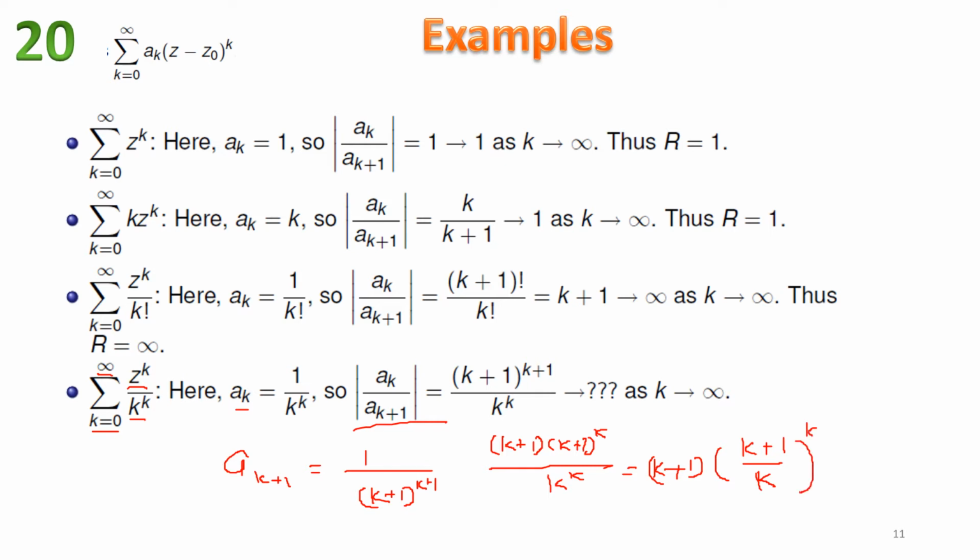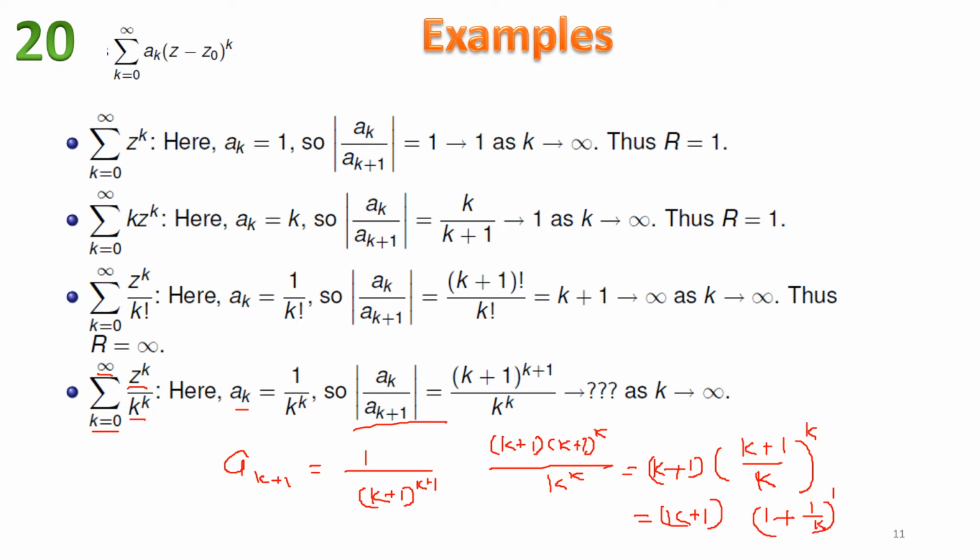We can further rewrite this to obtain the form: the first term again k plus 1, and then (1 plus 1 over k), whole thing to the power k.